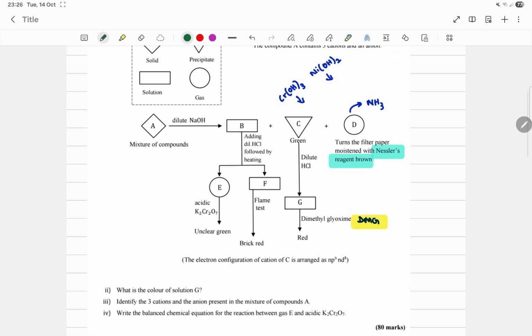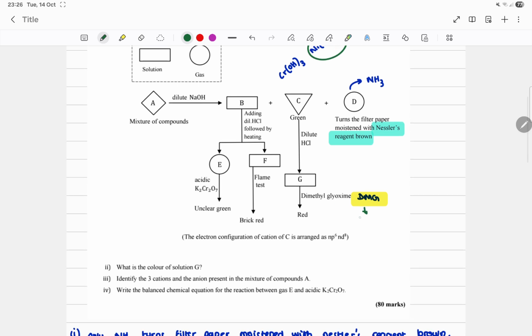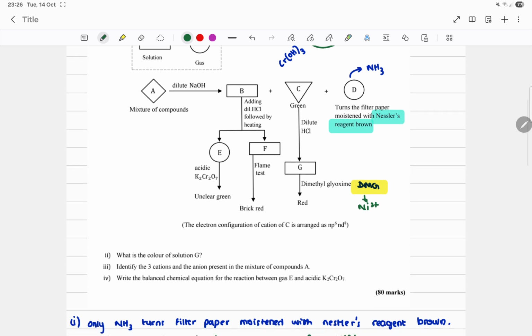Therefore we can confirm that C is Ni(OH)2, nickel hydroxide, because DMG is characteristic for nickel. For Ni2+, when DMG is added, a red precipitate is obtained, because it is partially soluble.